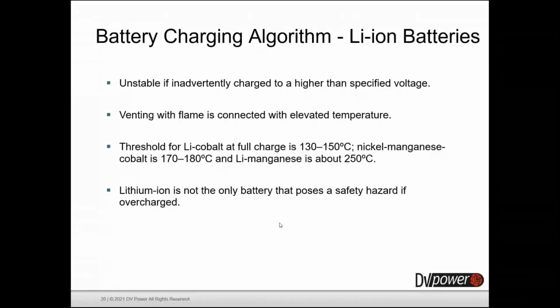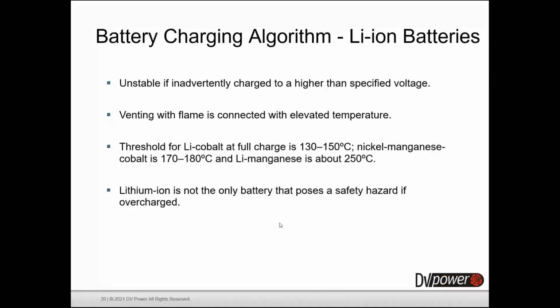Venting with flame is connected with the elevated temperatures, so a fully charged battery has a lower thermal runaway temperature and will vent sooner than one that is partially charged. You see here the temperature threshold for lithium cobalt at full charge is 130 to 150 degrees Celsius.